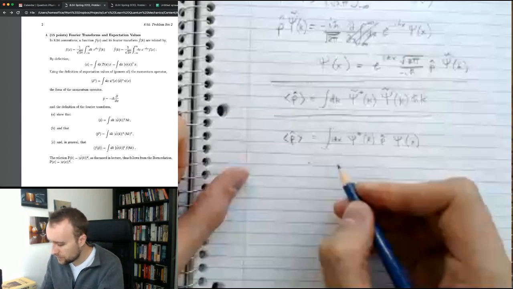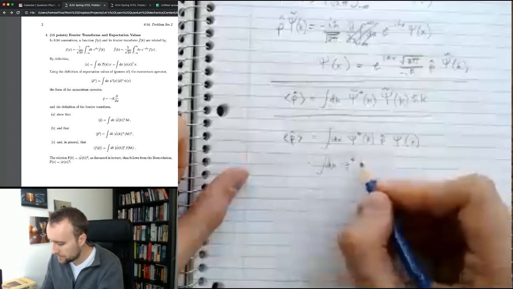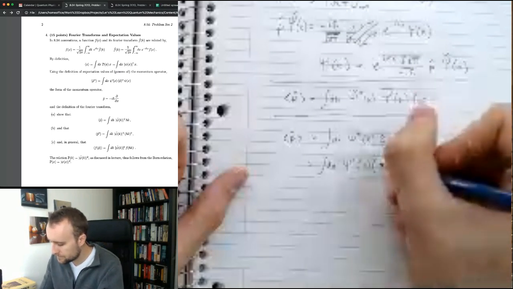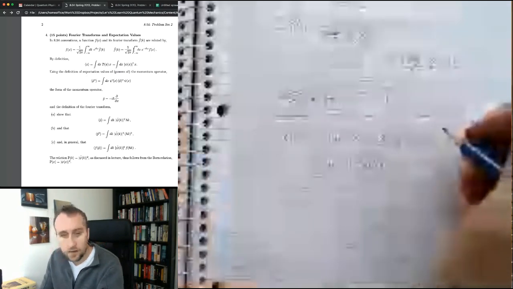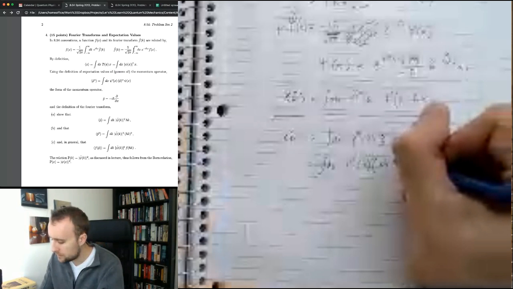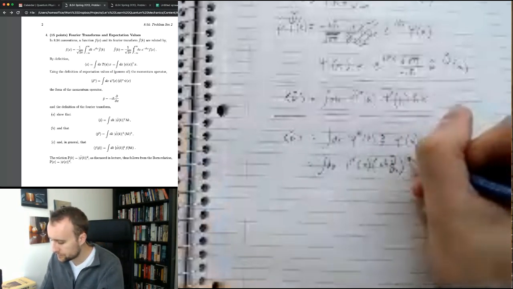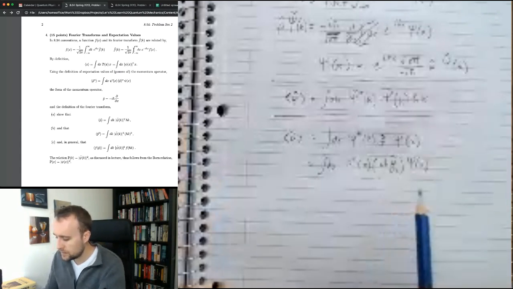All right, and then let's pull this out. Negative i h bar d/dx, right here.